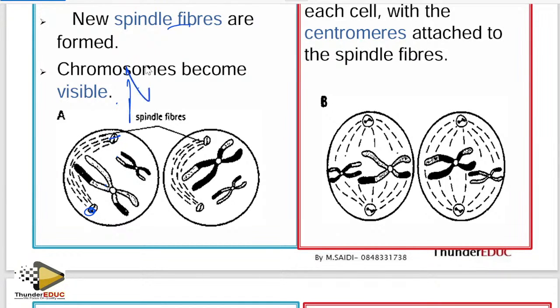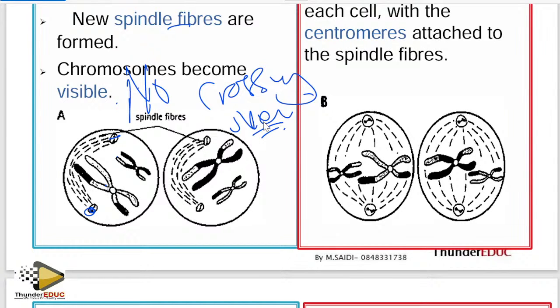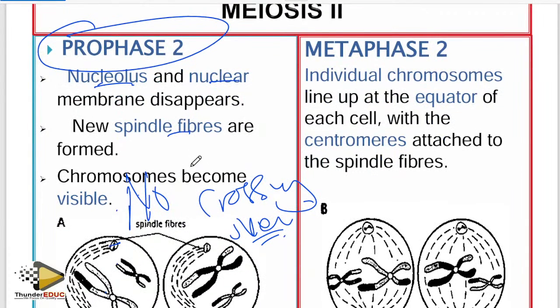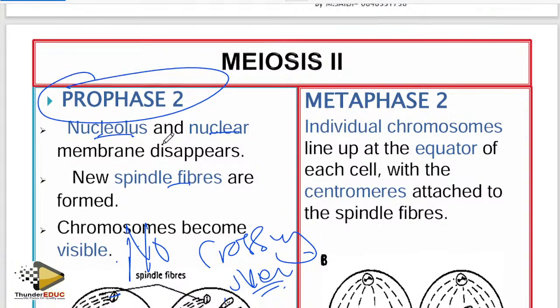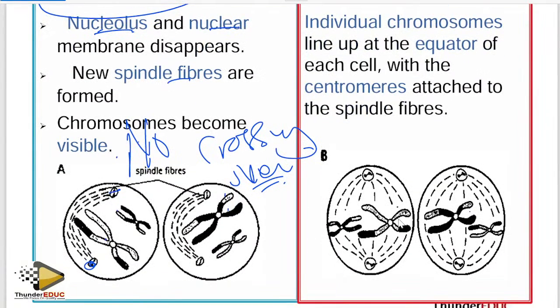But here, no crossing over. Please don't mix this up. In prophase 2, there is no crossing over. That's why we say that meiosis 2 looks almost like mitosis. So the moment they move to opposite poles, they have to reach the center.